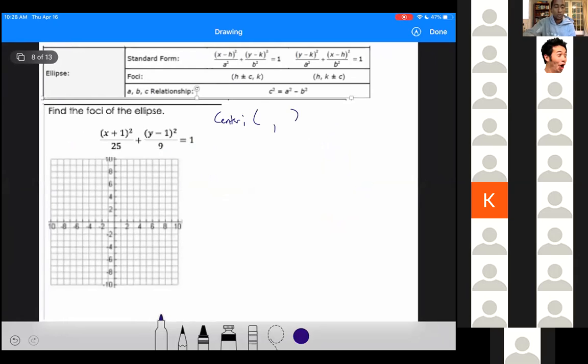Maybe he had to step out. So Tammy, what's the center here? -1,1. Okay. So I'm going to draw that to get a visual.